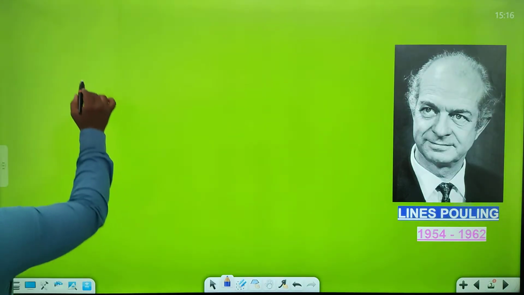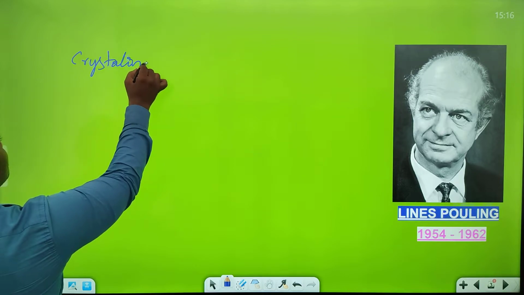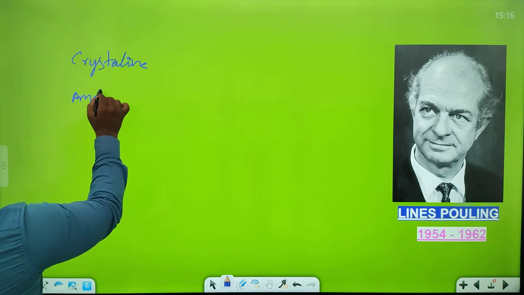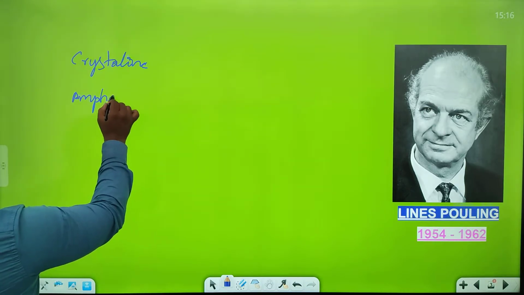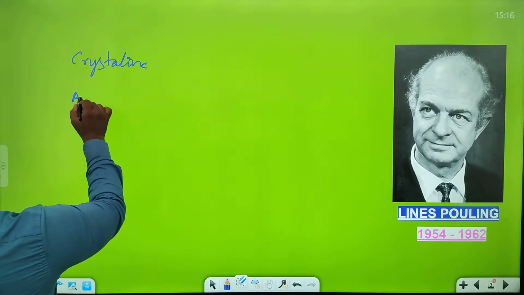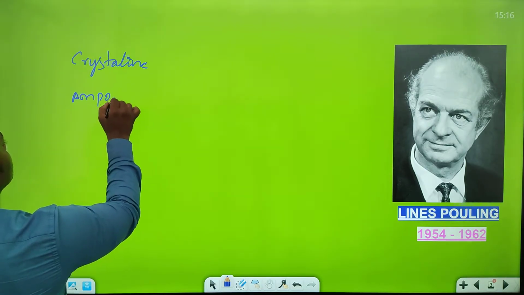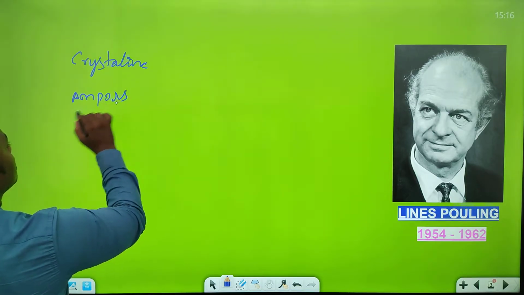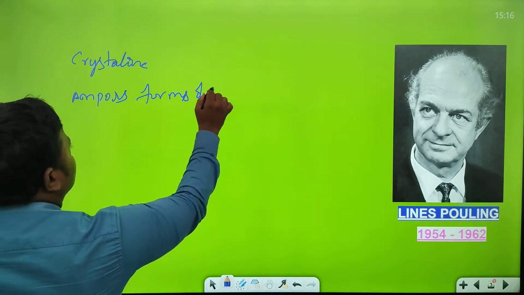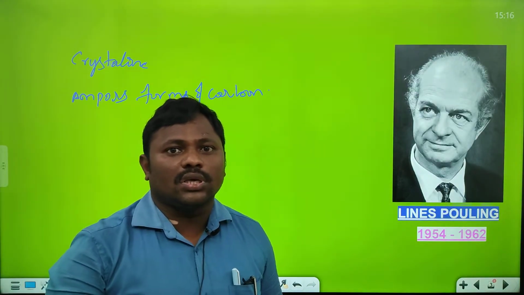That is, crystalline and amorphous forms of carbon. Is it right? Crystalline and amorphous forms of carbon.